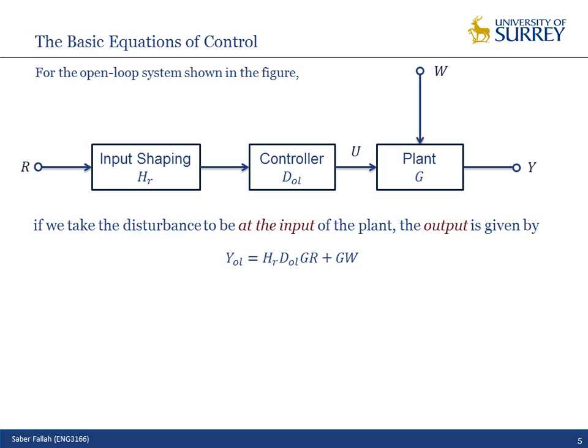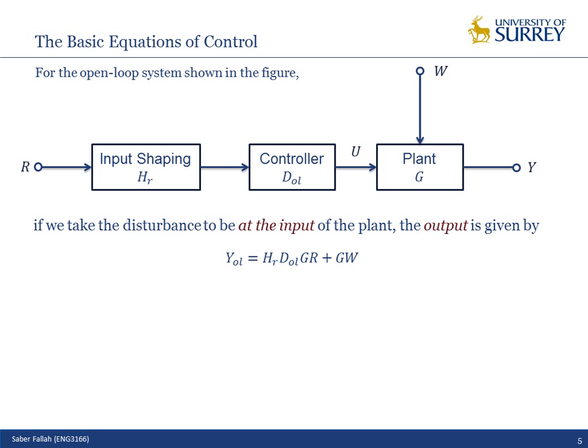So the transfer function from R to Y will be the multiplication of these three blocks because they are in series, which is H_R, D_OL, and G. The second response is due to the disturbance input, so I put R equal to 0. The only block between W and Y is plant G. So the response because of the disturbance will be GW.